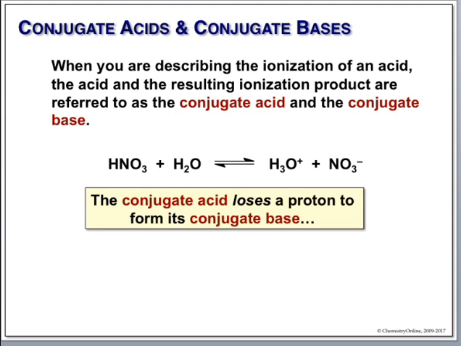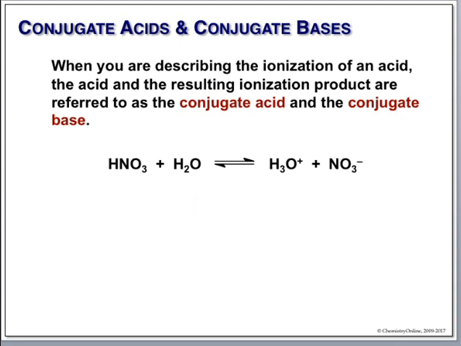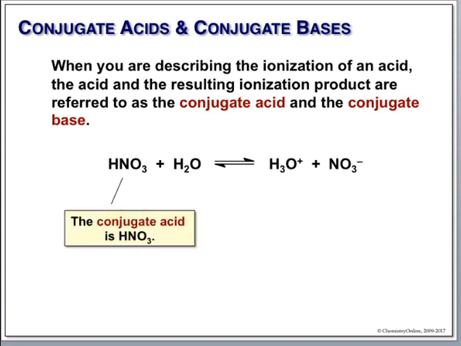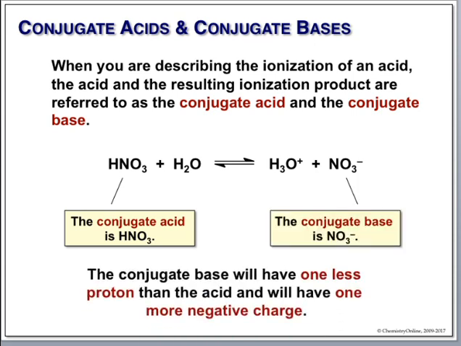And you ask, what accepts the proton? Well, water does. But the conjugate base of nitric acid is going to be nitrate. The acid loses a proton. And what does it form? It forms its conjugate base.